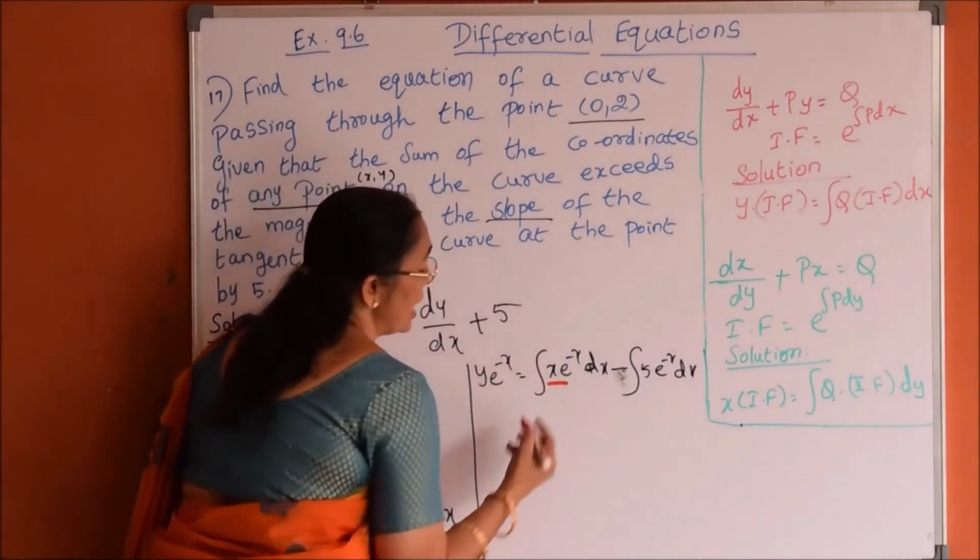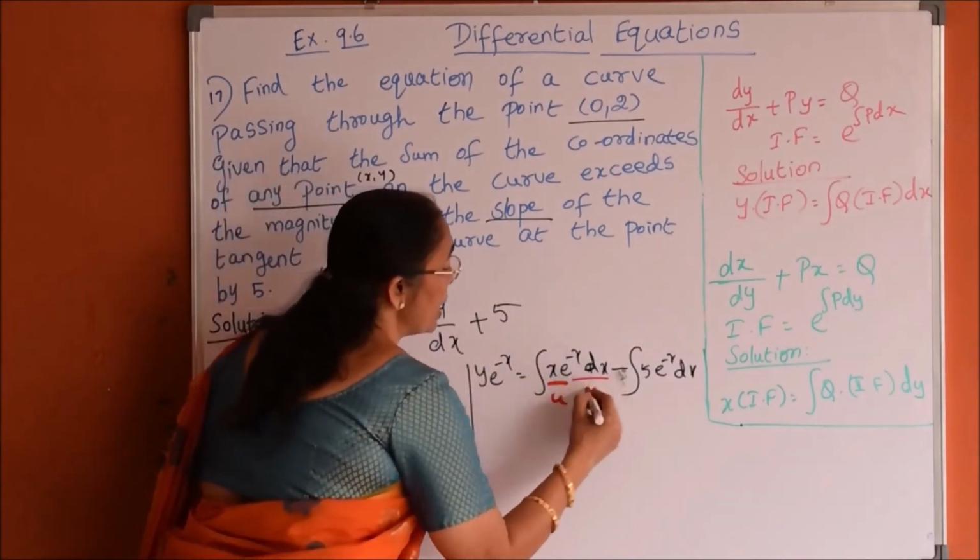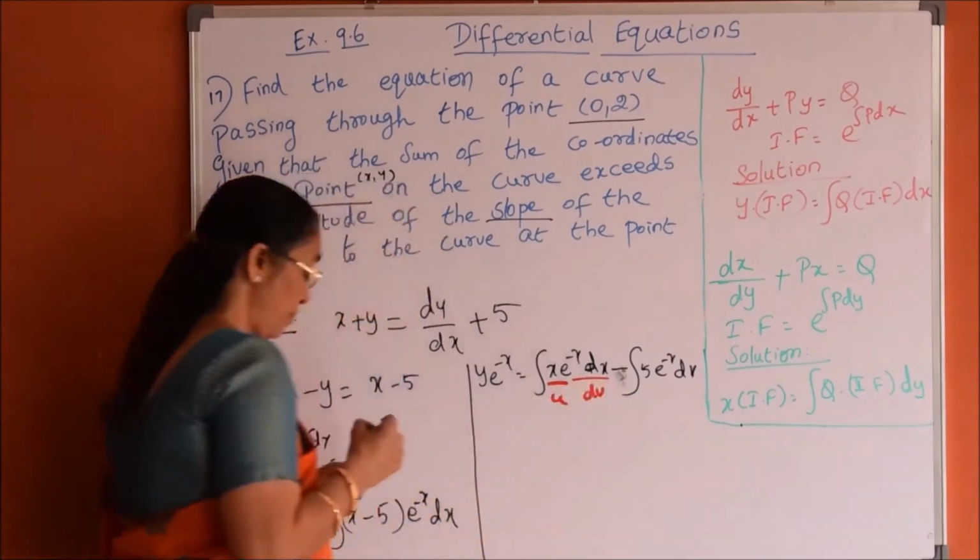So, we will consider x as u and e power minus x dx as dv.